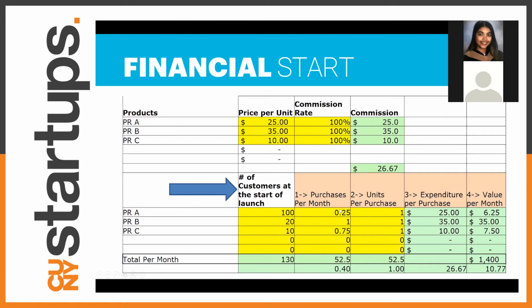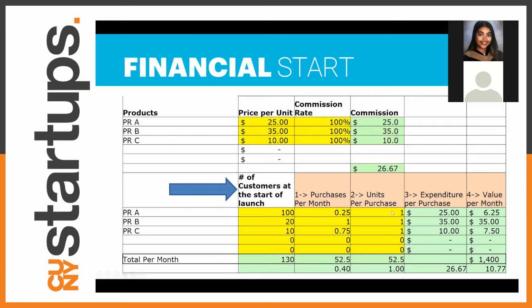That means every 4 months, 4 times 0.25, they make 1 purchase of $25. So this is purchases per month. Essentially it's saying it takes 4 months for them to make 1 purchase. All right, so every 4 months they make a purchase.